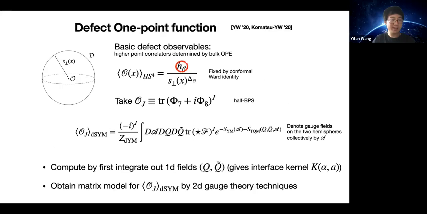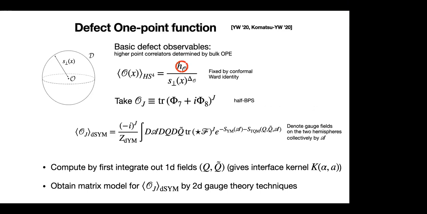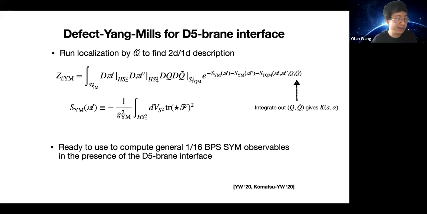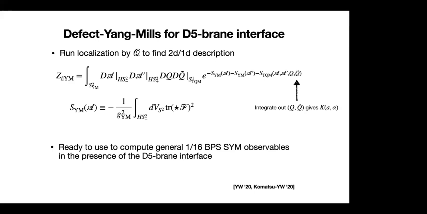So the most basic observable in the presence of interface defect. Could you say some words about this topological quantum mechanics? Is it closer to the quiver description or the zero-dimensional matrix model description? How is it described?